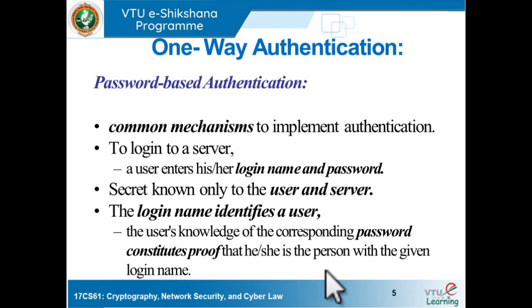So the source is the principal and the destination or the receiver is the verifier. What is authentication? It is a process in which the principal is trying to prove that it is the entity it claims to be. And to whom is this principal trying to prove? It is trying to prove to the verifier.